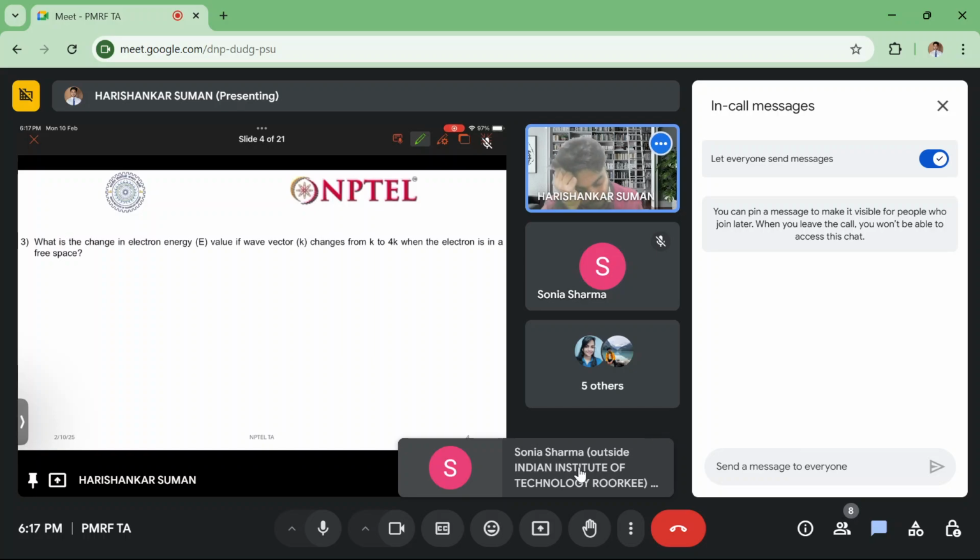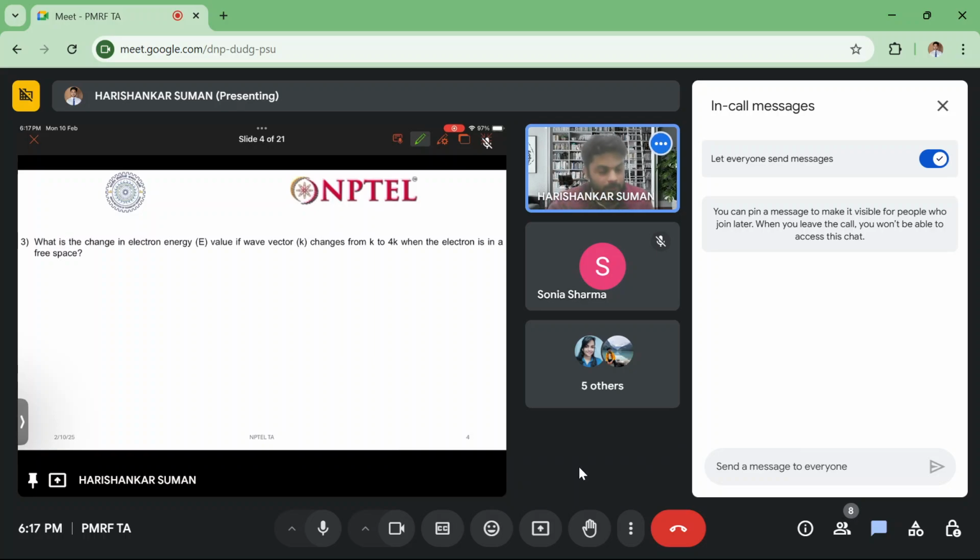Next question. Yes, please. Please see the question. What is the change in the electron energy if the wave vector k changes from k to 4k when the electron is in free space?